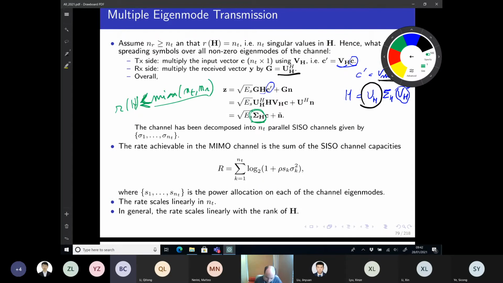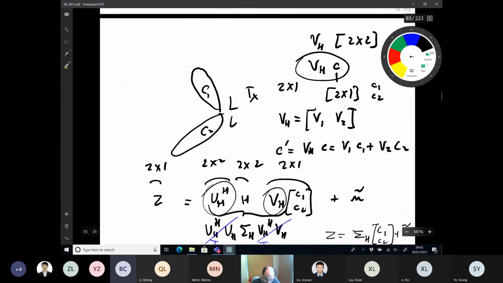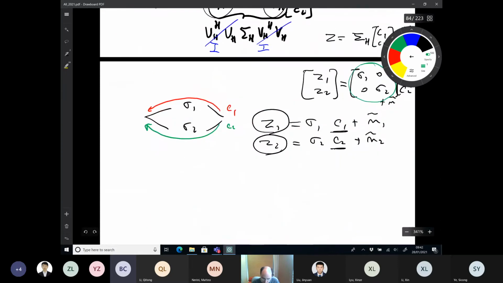Good. So now in terms of rate, what does that mean to have that here, right? Imagine you have a certain noise now, and you have a certain channel gain, right? So I will have now a rate that will be proportional to my signal to noise ratio here. My signal-to-noise ratio will be essentially the square of this. So that will be the eigenvalues of my channel matrix divided by the noise power, right?